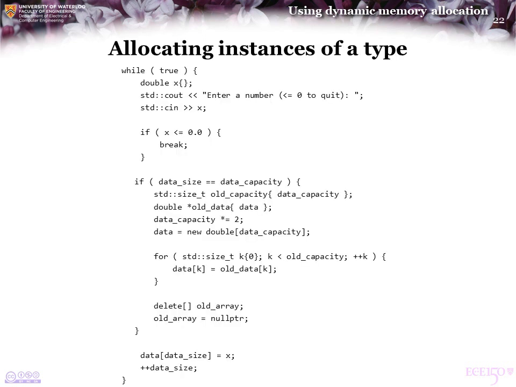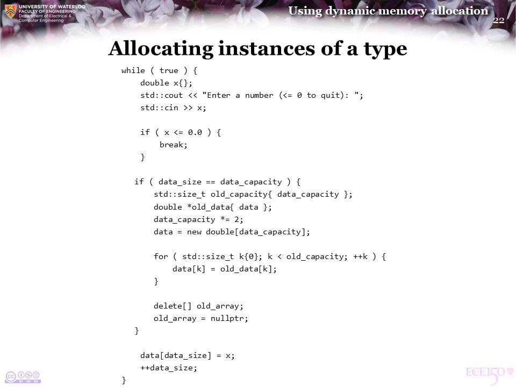All right, so here is the loop within the larger context. The user enters another value, and if the data size is equal to the data capacity, that is, if the array is full, we store information about the current array, allocate a new array, copy everything over, and then delete the old array.